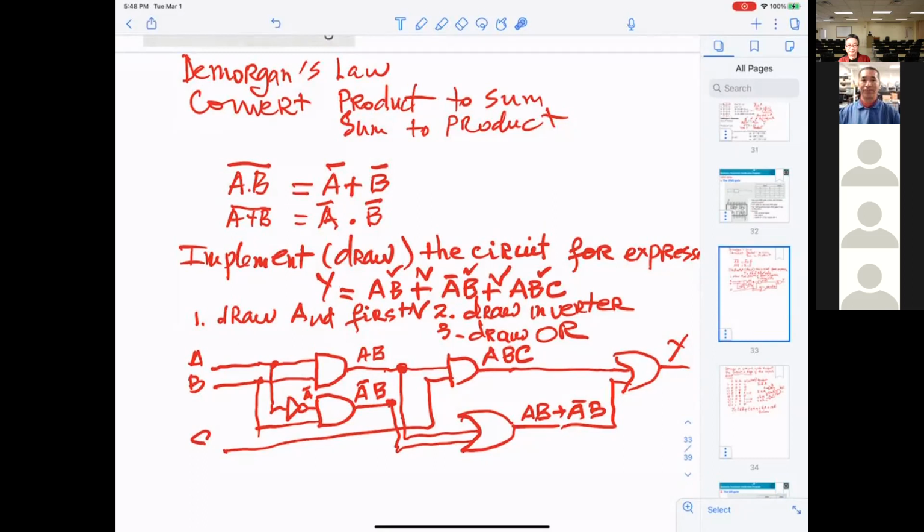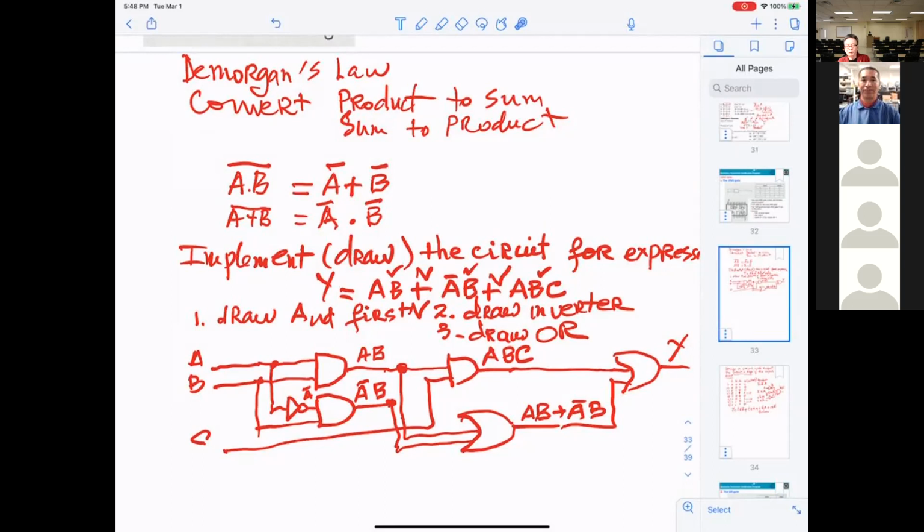Right. That means that it depends on what expression they give you. There really is no set procedure except for individual circuits. Exactly. But you have to follow the rules. You draw the AND first. Next will be the inverter.